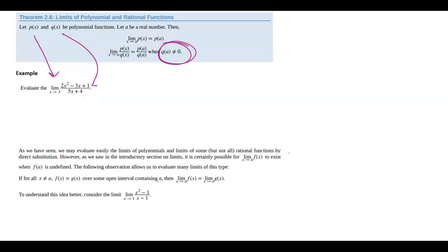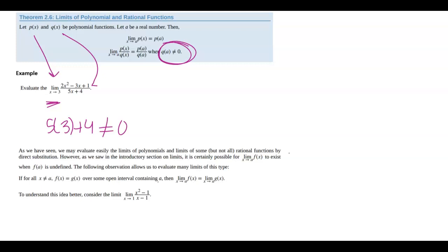There we go. Okay, that denominator function is not 0 at x equals 3. If it is, then we are going to have either a hole or a vertical asymptote. That's going to be that first check. So if I take 5 times 3 and add 4, I'm not going to do that right now. I just need to make sure that's not 0. Okay, that's true.